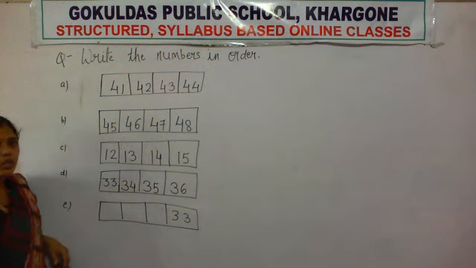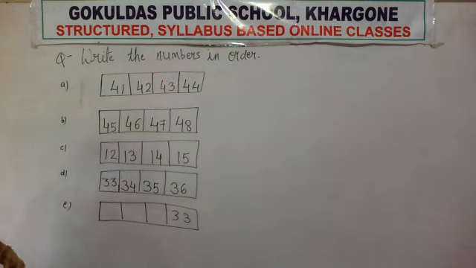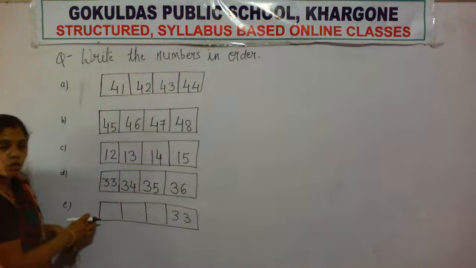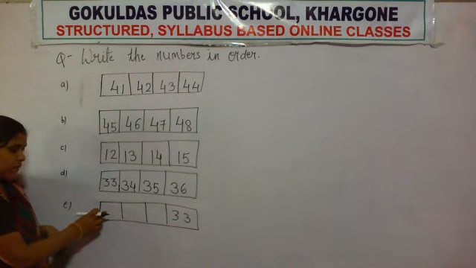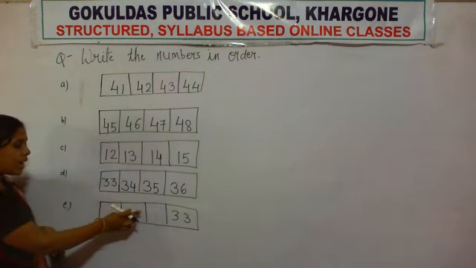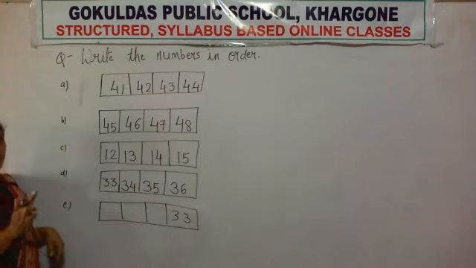So what are we going to write? We have to write the 3 numbers that come before 33. Shall we start writing from here or from here? We start writing from here, because we first have to write the number that comes just before 33.